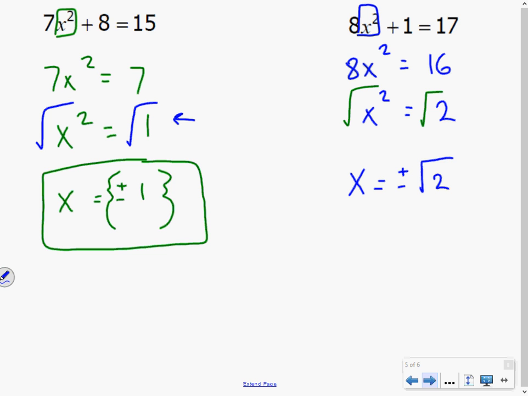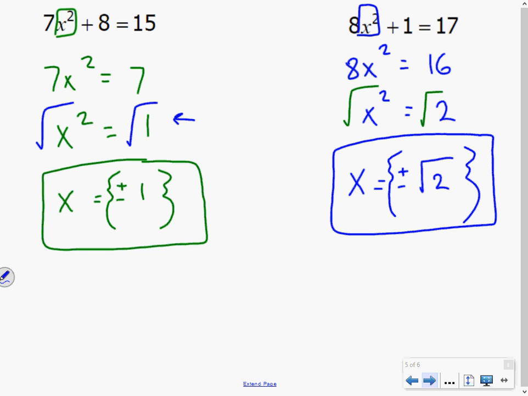The other part of this is that I can't break down the square root of 2 like we did in those previous examples because the biggest perfect square that's a factor of 2 is 1, and that's not going to allow me to break down the square root any further. So this is actually simplified as far as it possibly can go, and we have two solutions. Square root of 2 and negative square root of 2.